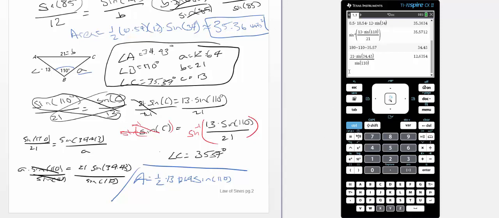So 1/2 times side times side times the sine of the included angle is 77.2051, or about 77.21 square units.